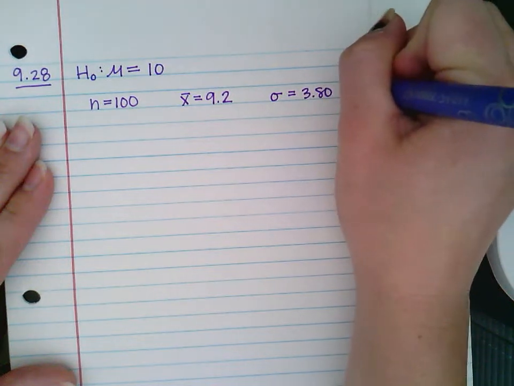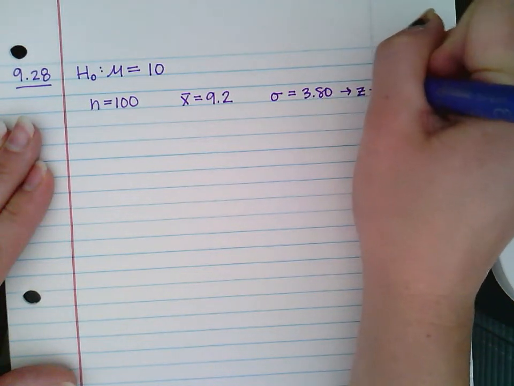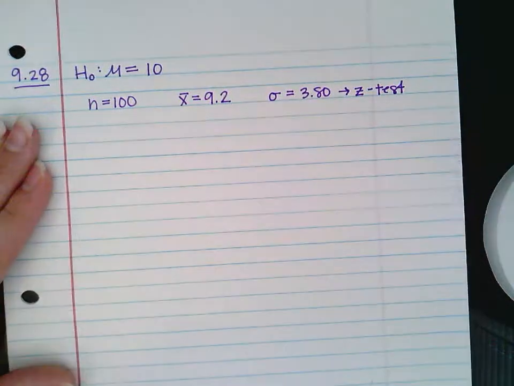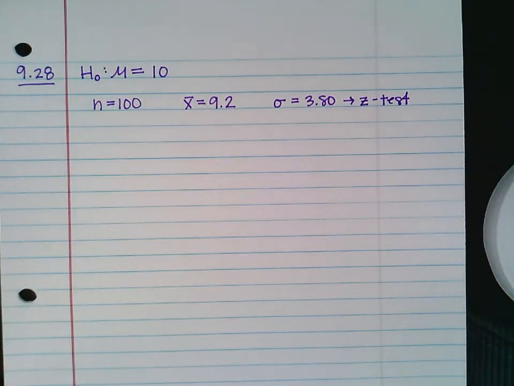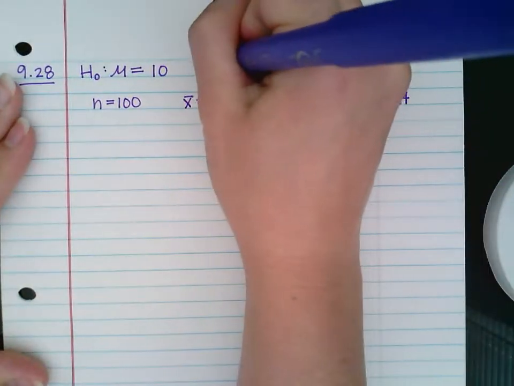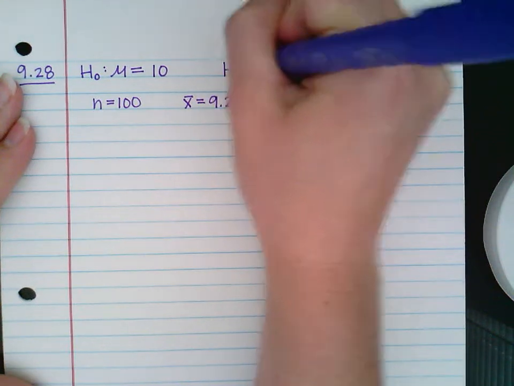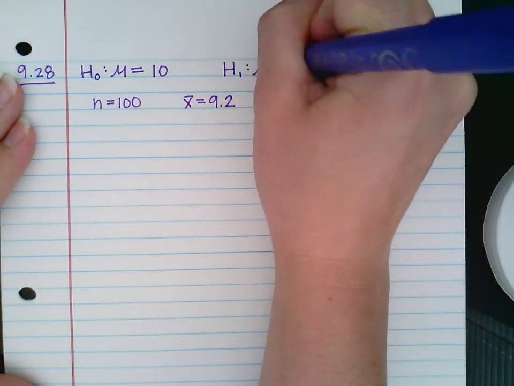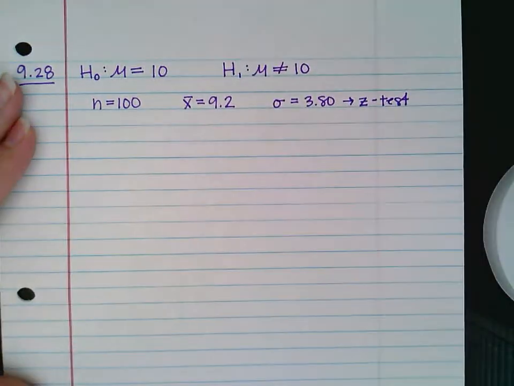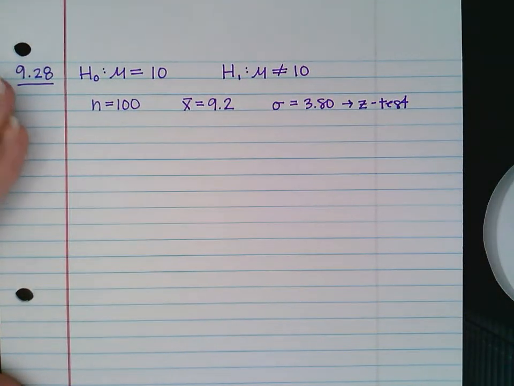All that tells me is I can do a z-test here using the z-distribution. Part A says find the p-value for the test of the mean, to see if it is different from 10 minutes. So I was waiting to make my alternative until it told me just different from. So we're going to run a two-tailed test here.